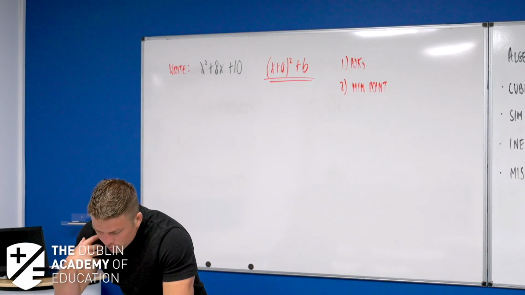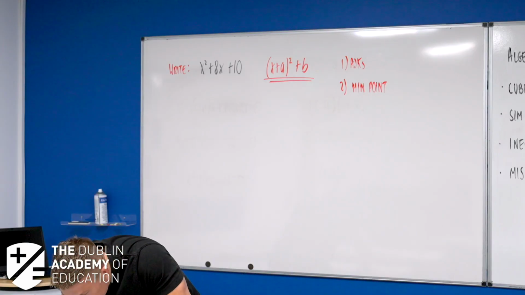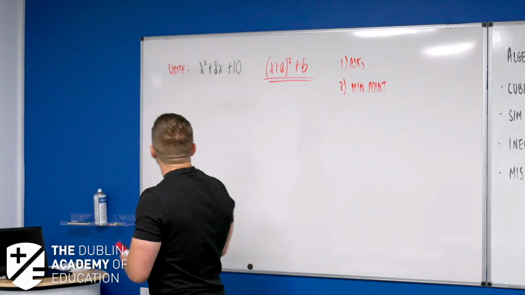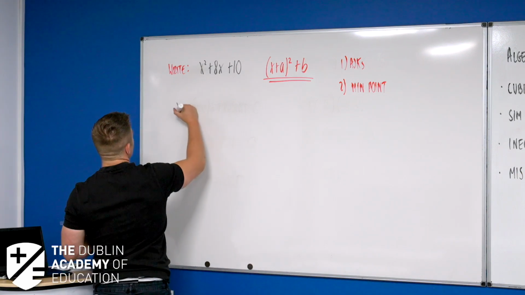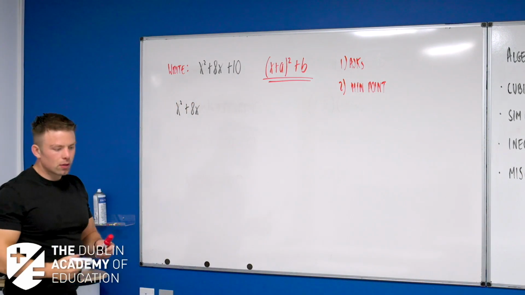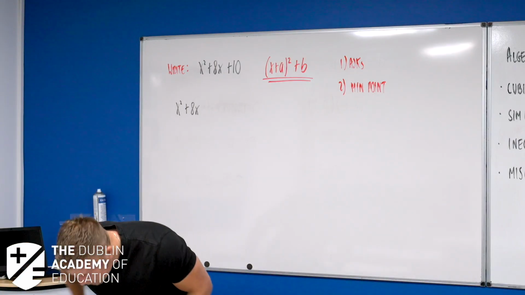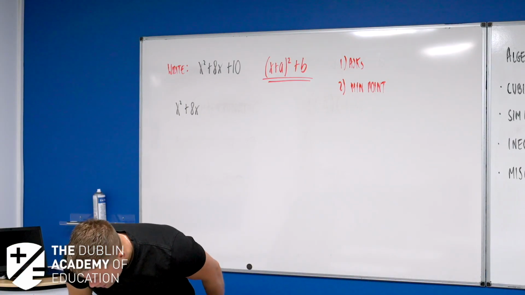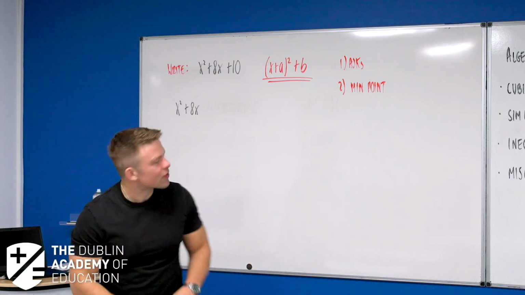So, step 1, write down the first 2 terms of the quadratic exactly as they are. So we've got x squared plus 8x, step 1, done. Step 2, half the number in front of the x, square it, and write this down next.